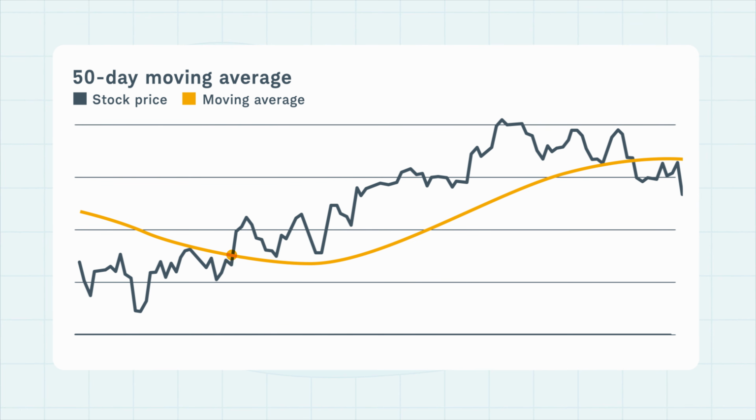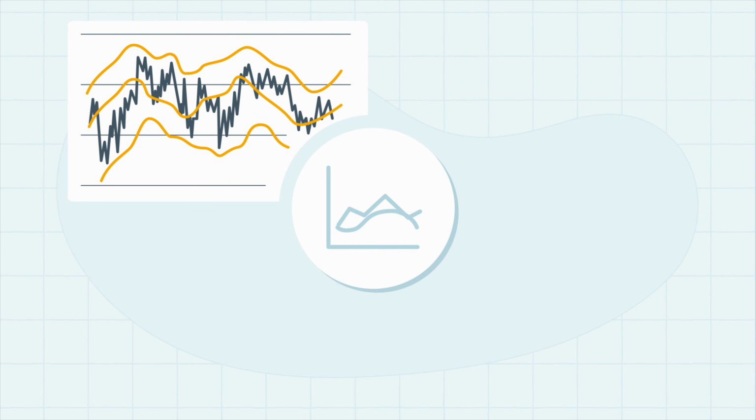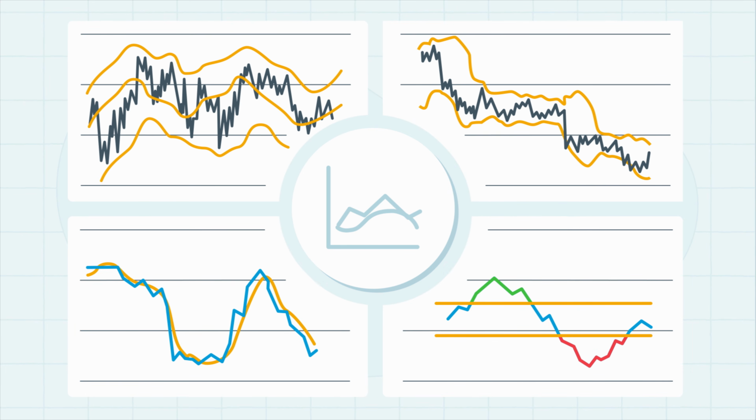This may indicate that the stock is outperforming its recent history. This could be an entry signal. Similarly, if the stock begins to fall and dips below its moving average, it could be an exit signal. Moving average lines are only one of many technical indicators investors may use. Other common indicators include price envelopes, Bollinger Bands, stochastic oscillators, and the relative strength index.